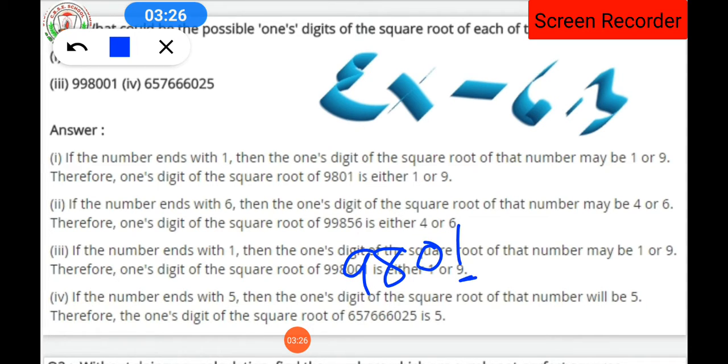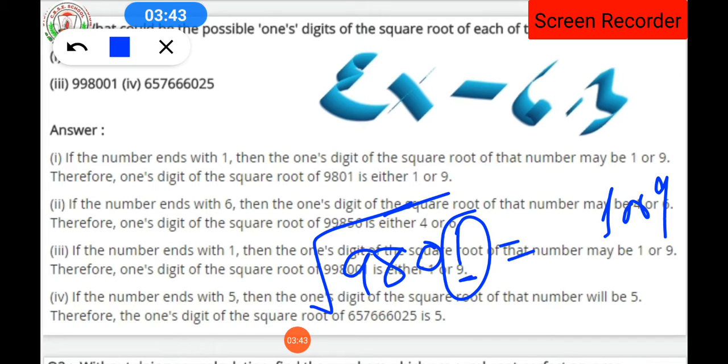Ones place value is 1. So if any number ends with 1, the ones place value of its square root will be 1 or 9. अगर कोई नंबर जो है उसका वंस प्लेस वैल्यू में 1 होता है तो उसका जो स्क्वायर रूट का आंसर होगा उसके वंस प्लेस में वैल्यू में 1 या 9 होगा.